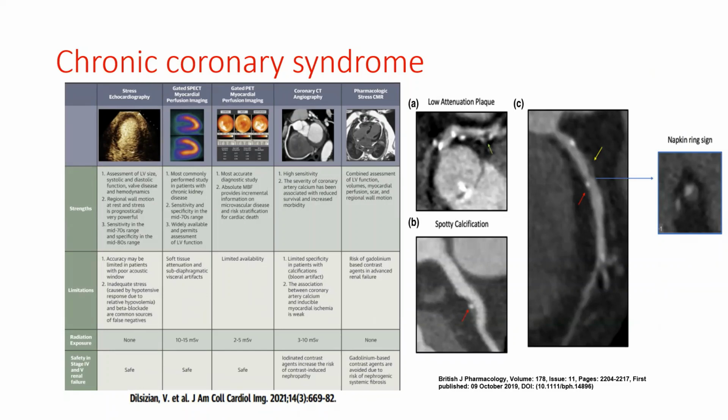Also high calcium and calcification will affect the interpretation of the test result. And in echo, if the patient has LBBB or something like this, it will cause septal dyssynchrony or paradoxical wall motion abnormality, which affects the interpretation of the test results.